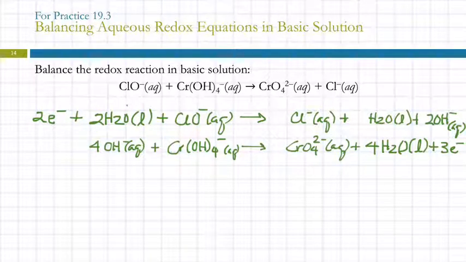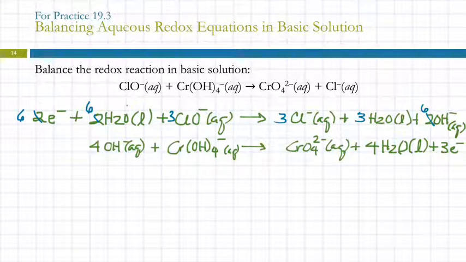Then I need to get the number of electrons equal, again with the 2 and the 3 business. I need to multiply this by 3, the whole equation, so I can get 6 electrons. So let's do that. Multiplying by 3, so that's 6, 6, 3, 3, 3, and 6. The bottom has 3 electrons.